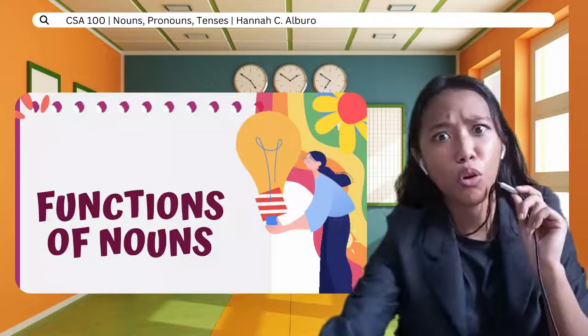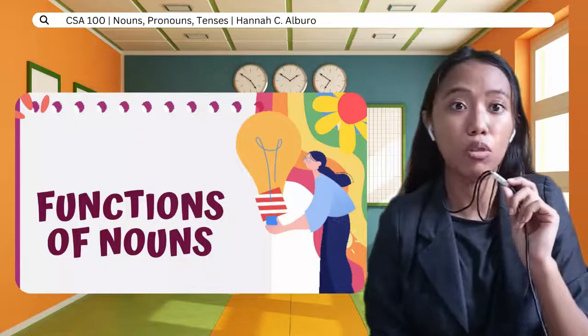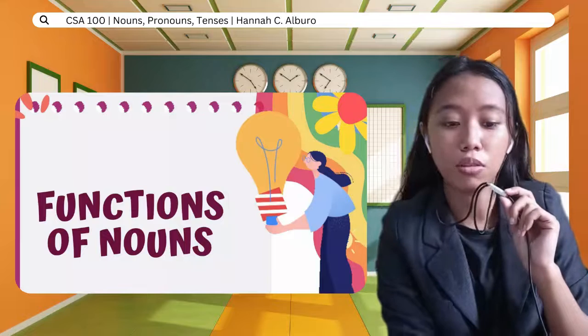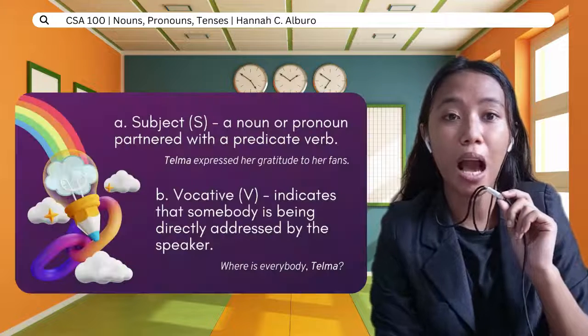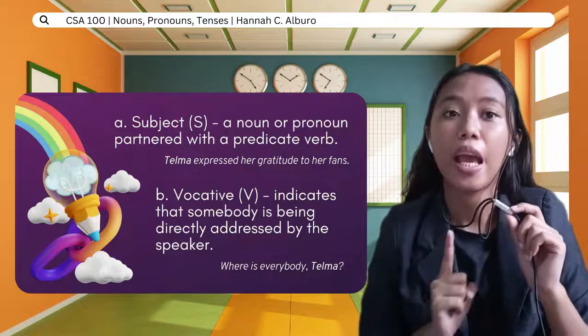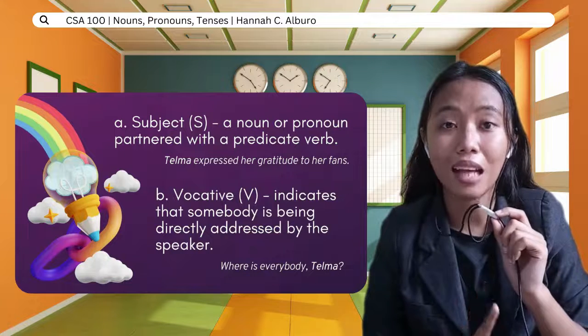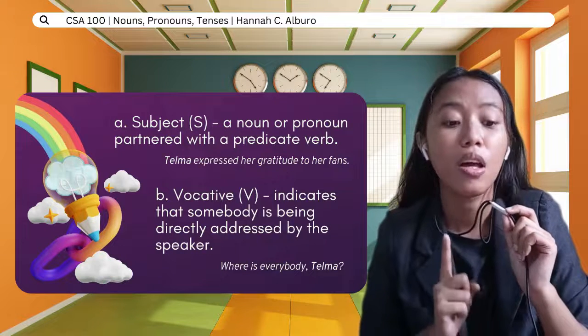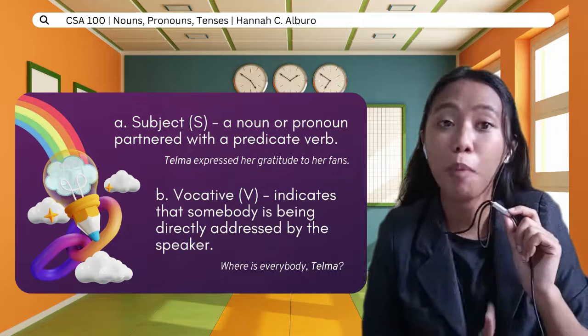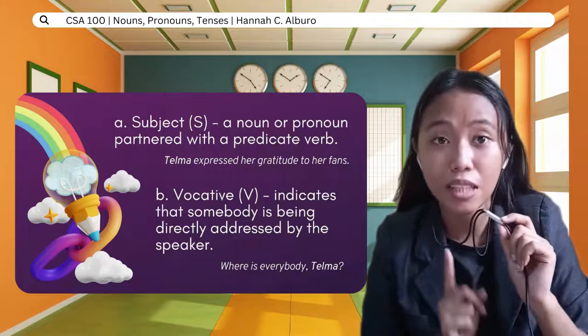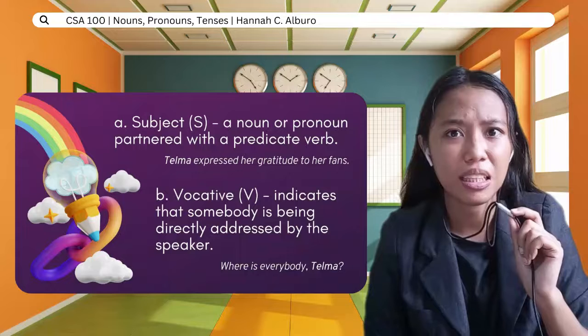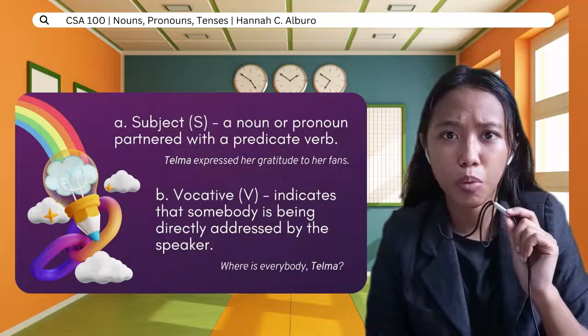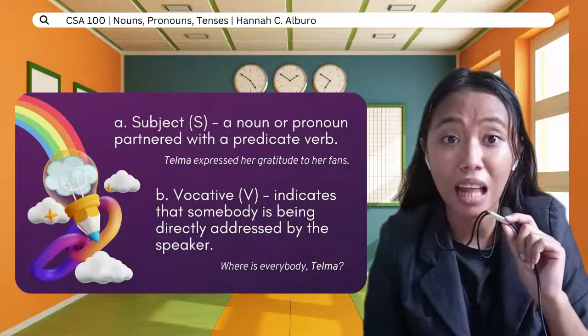Now let us move on to the functions of nouns. So the functions of nouns, first one is we have the subject. A noun functions as subject, no? In which a noun or pronoun partnered with a predicate verb. Take for example the sentence, Thelma expressed her gratitude to her fans.